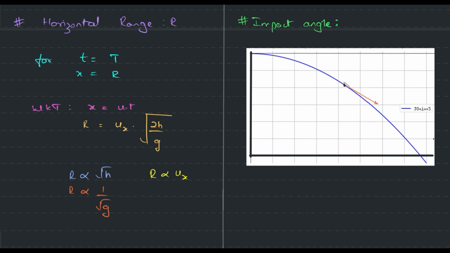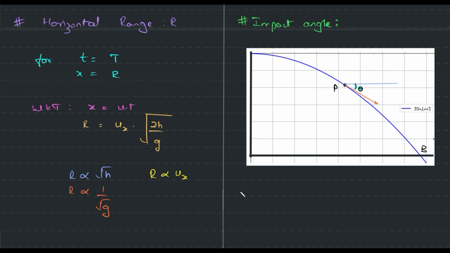The question is, what is the angle with respect to the horizontal? If we call this theta, what is this angle is what we are trying to look at. And when it hits the ground, say B, this is point P for me, what is the angle?